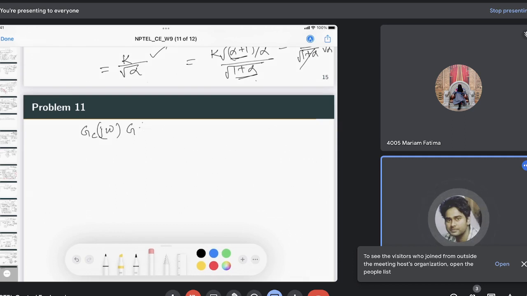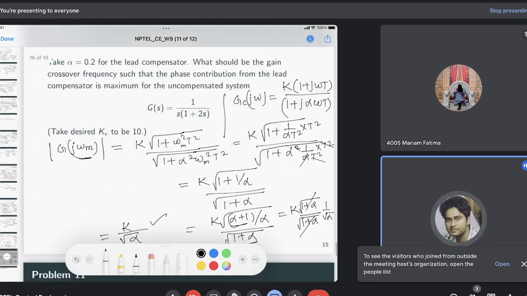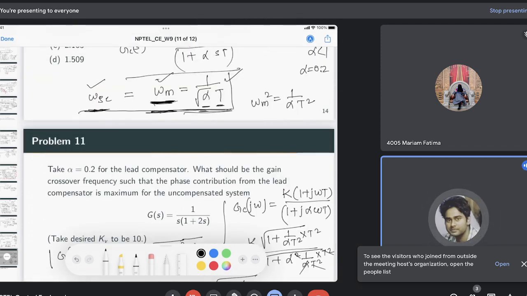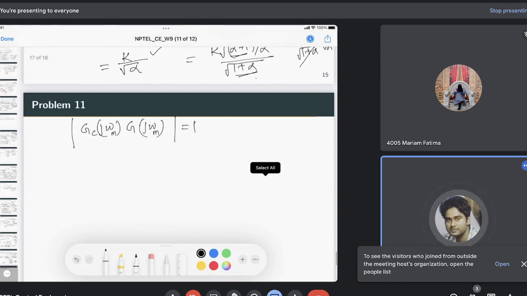The overall transfer function is this compensator in cascade with the original system, and we want the magnitude at this maximum phase shift frequency given by this compensator to be 1, because we have already observed that we want that to be the gain crossover frequency. So at this omega m we want this gain to be 1, and we have computed this gain.